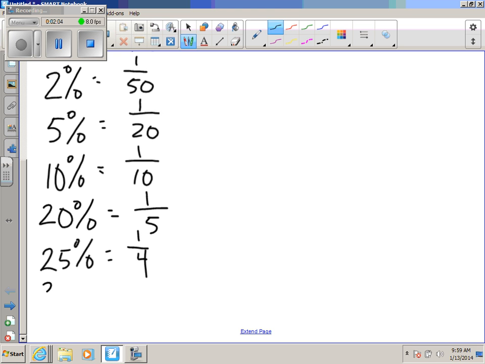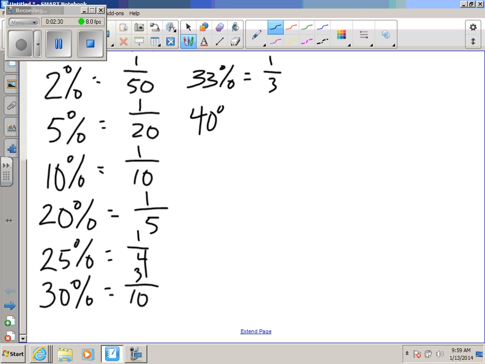We could probably use 30%. 30% is going to equal 3/10, right? 33% is going to be 1/3. These fractions will make sense in a minute. Let's go to 40%.